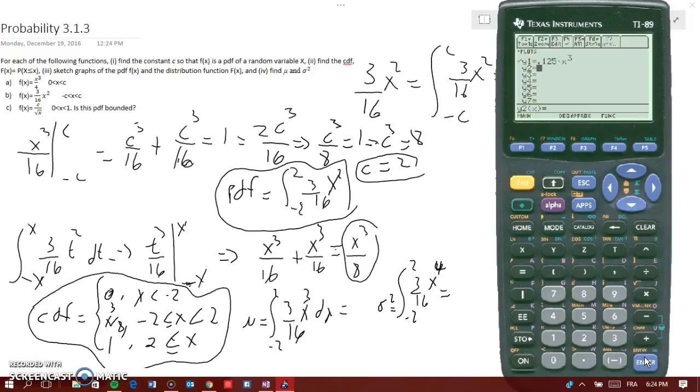So now let's graph this. It's the same again from -2 to 2. Actually, let me make the window bigger. Now I'm going to -4 and click enter.